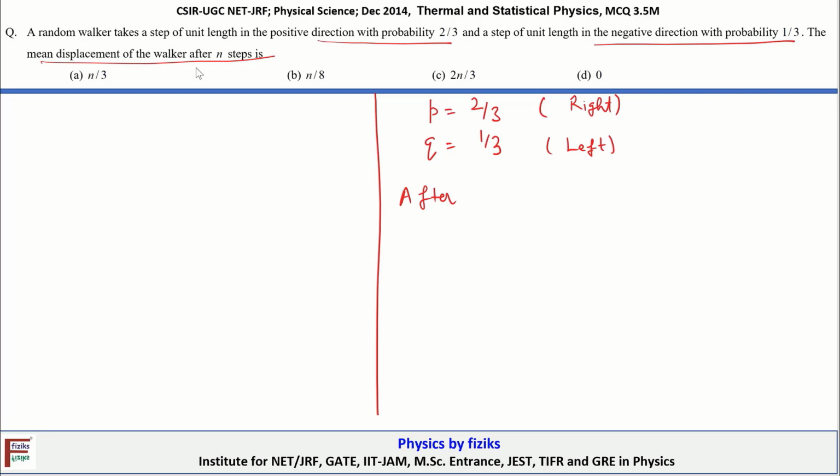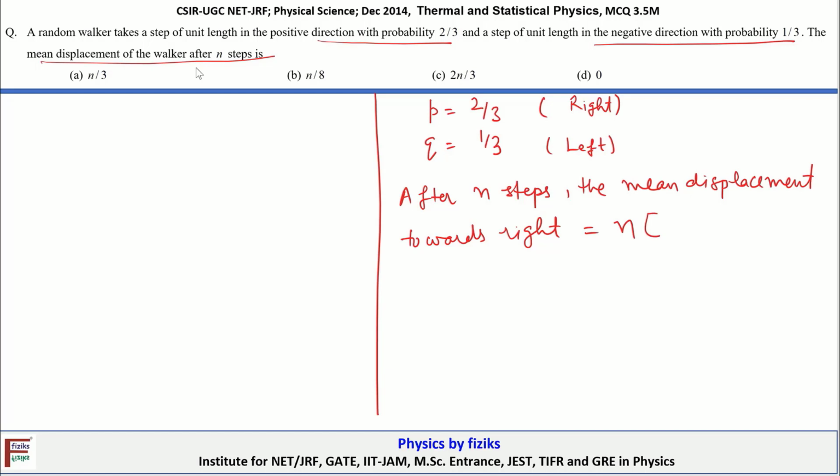So after n steps, the mean displacement towards the right is equal to n into p minus q.